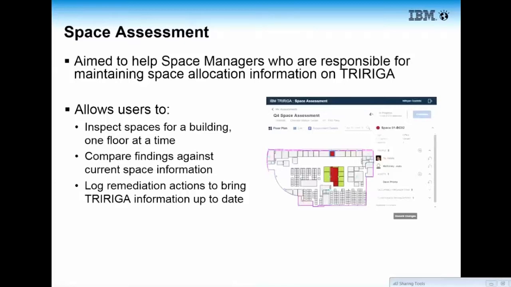So in the event of seeing a mismatch between what the TRIRIGA database indicates and what our user running the physical inspection sees, they will be able to log these remediation actions.